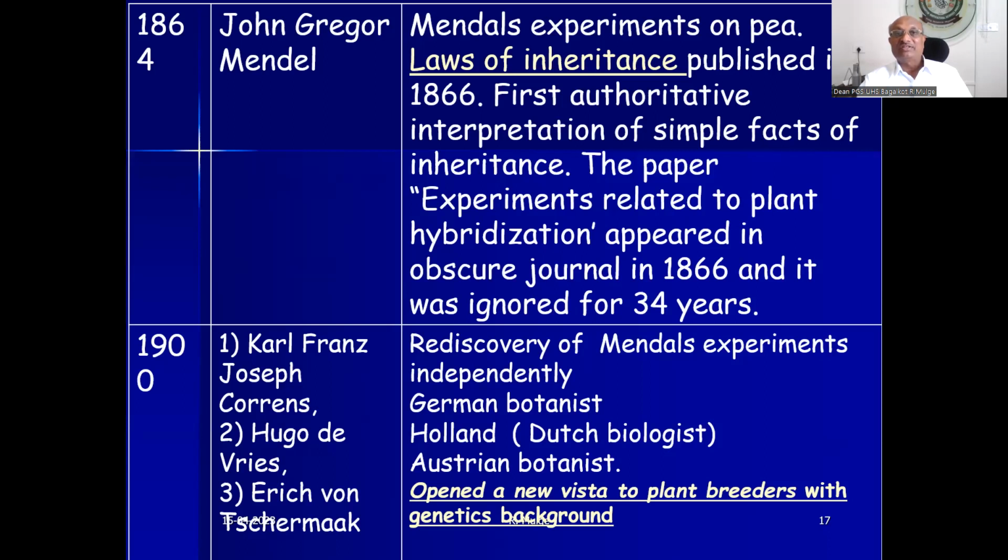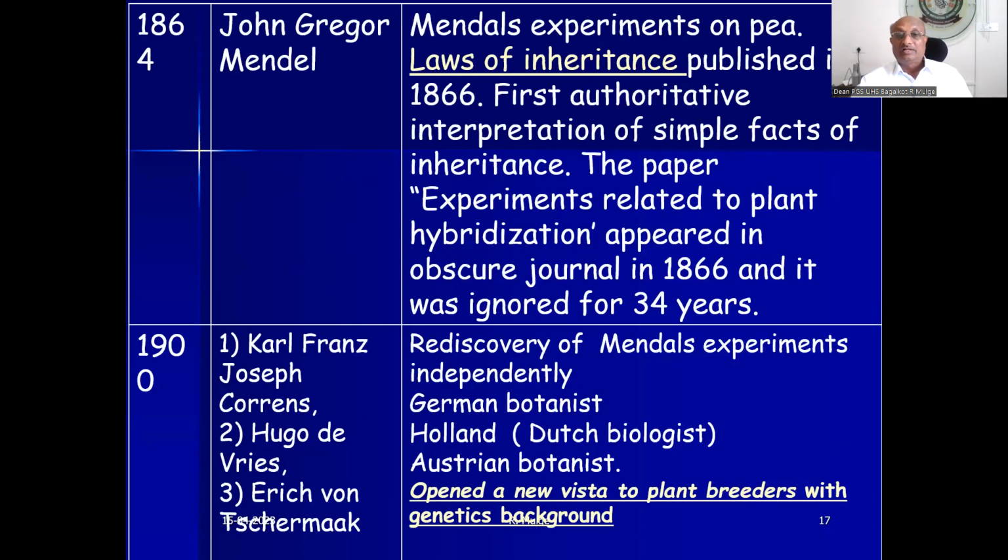They confirmed that whatever results were published by Mendel in that obscure journal are true, are the facts. And yes, this opened a new vista to plant breeders, with a completely strong background that there is a factor which is inherited from the parents to progenies.